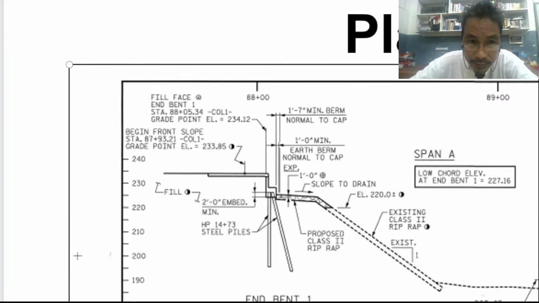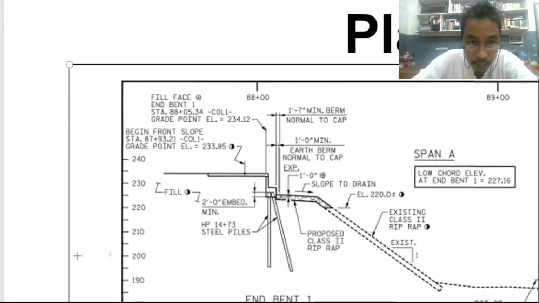Okay? The station 88 plus 5.34 is to the right side. So therefore, 89 plus 00 is to the right side. And if you subtract, you are going back to the left side.